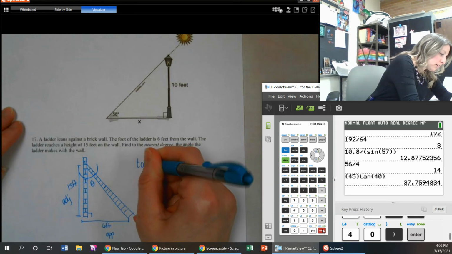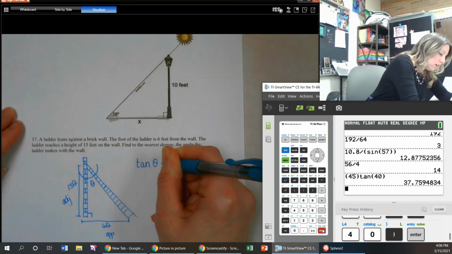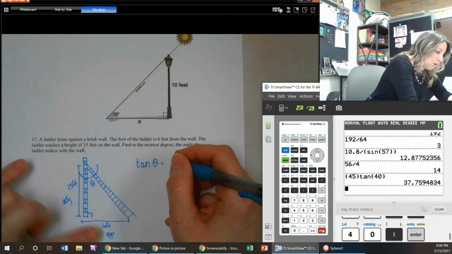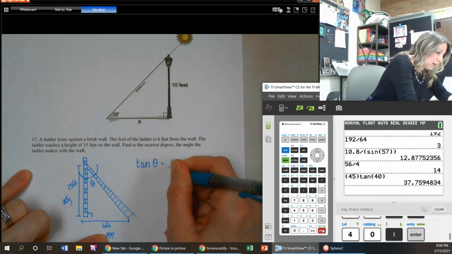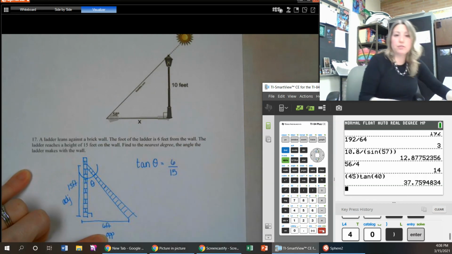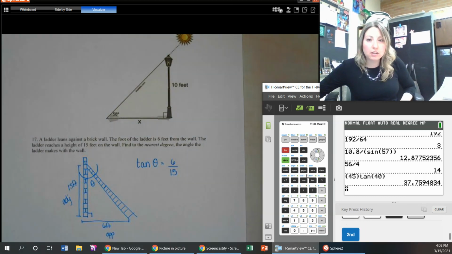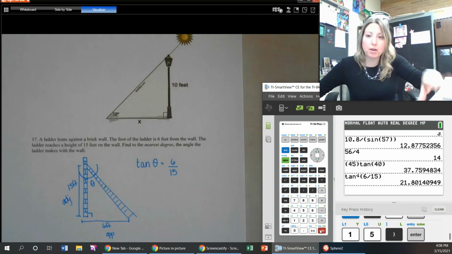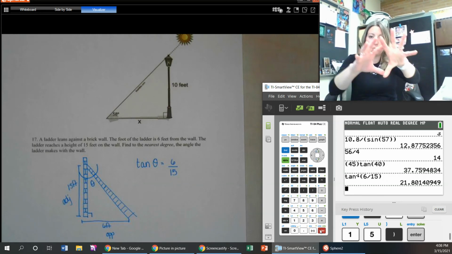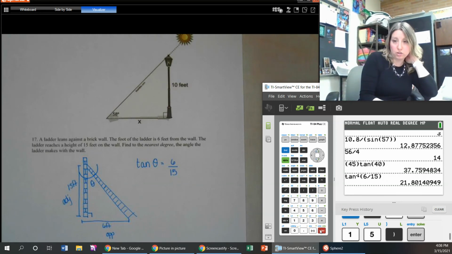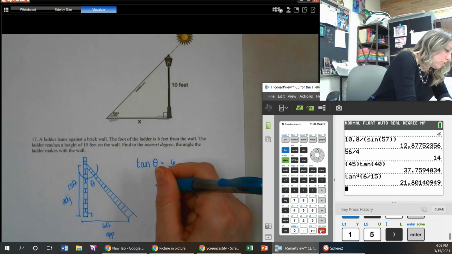So this time, because I don't know the angle measure, I use the inverse tangent of opposite over adjacent, or 6 over 15. Because I'm finding the angle measure, I do the inverse and then plug the ratio in. And to the nearest degree, that would be 22 degrees.